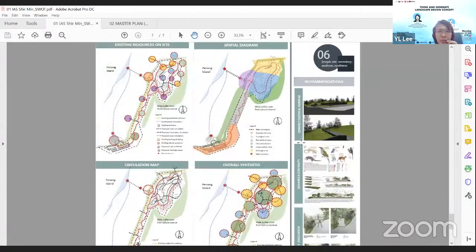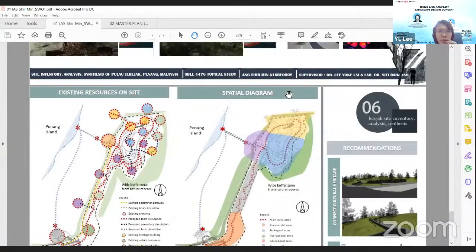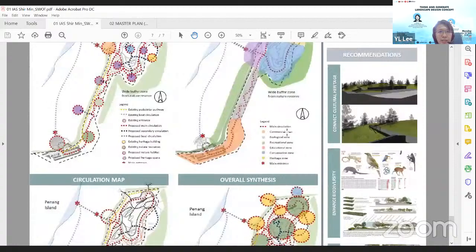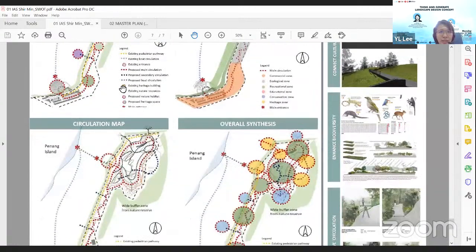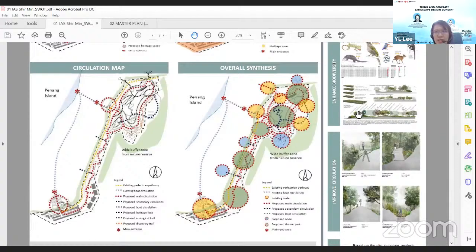Okay, this is what I would like to share with all of you. The way she shows the idea in a functional diagram, a bubble diagram, and how she puts it on the site itself to fit the site. So she came up with the circulation plan and also the synthesis idea.